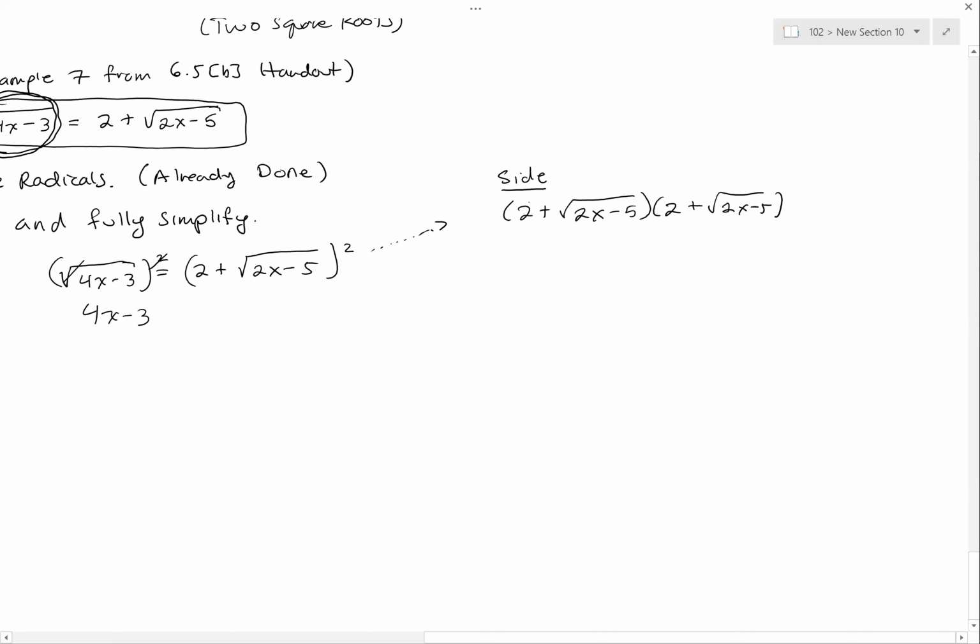So I'm going to multiply this out. I have to multiply the 2 times both of those terms. So that will give 4 plus 2 square roots of 2x minus 5. Then I have to multiply this square root into the 2 and the square root of 2x minus 5. So I'll end up with another 2 square roots of 2x minus 5.